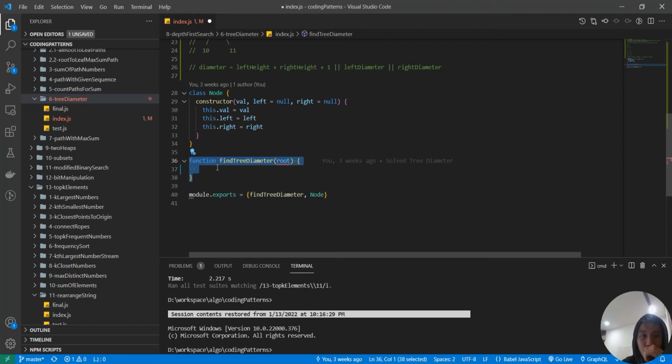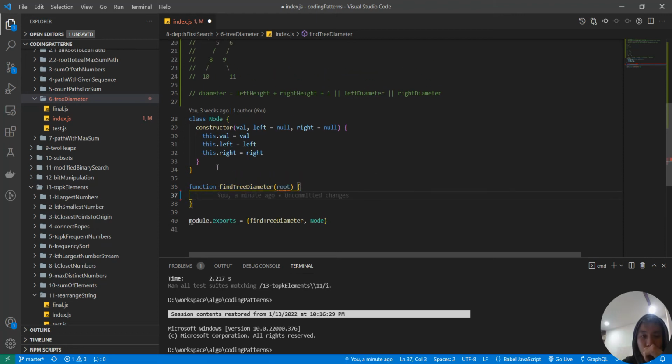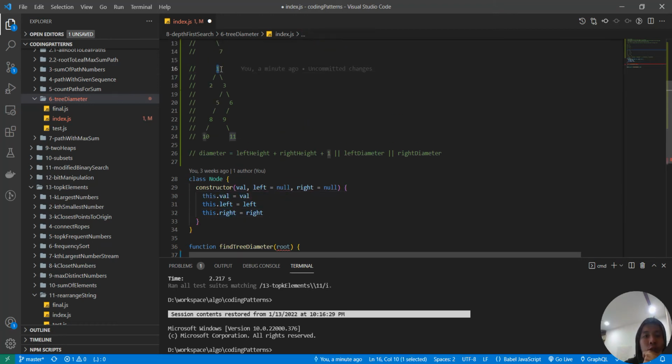So for each recursive call, for example, here's the root node. When I delegate the questions to the left subtree, what information do we need?